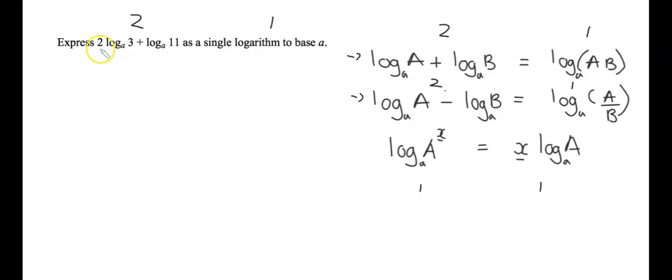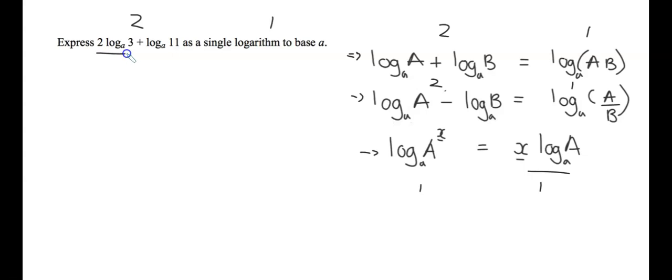We don't want this 2 being in the front here. So what we can do first is actually use this rule down here, and we're going to start on this side and move to this side, and then having used this rule, then we can use the rule up the top here. So this question actually involves a combination of 2 rules. So let's see how we can do that.